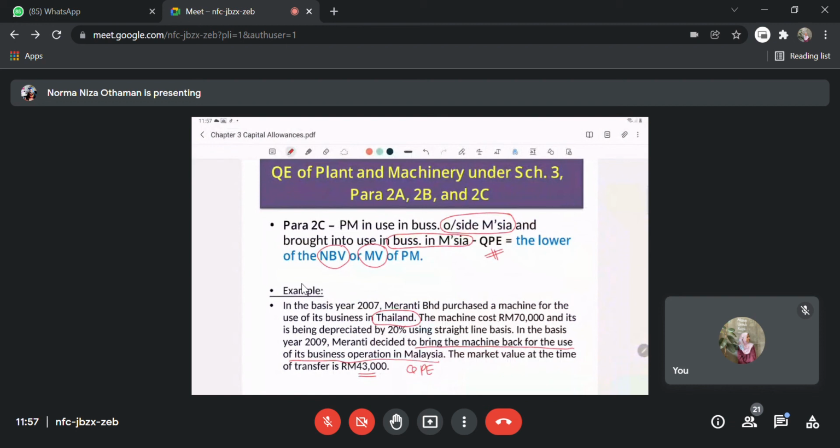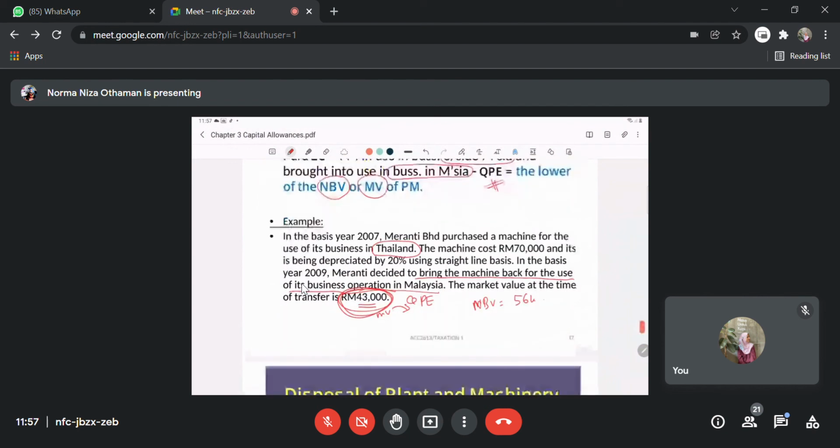Okay, so net book value 56,000 compare dengan market value 43,000. So the QPE kita ambil the lower lah. Okay, 43,000. Right. So okay, tiga-tiga condition.